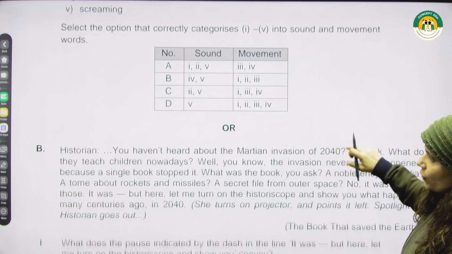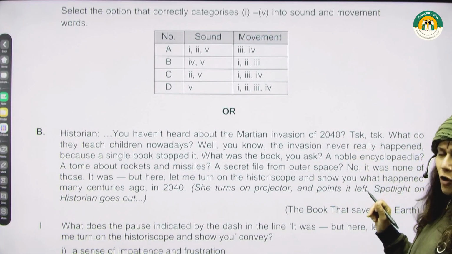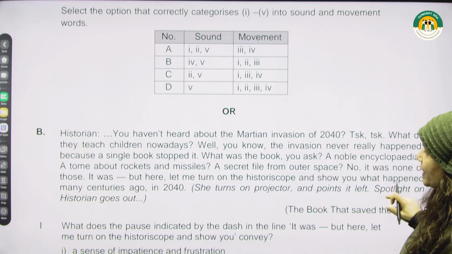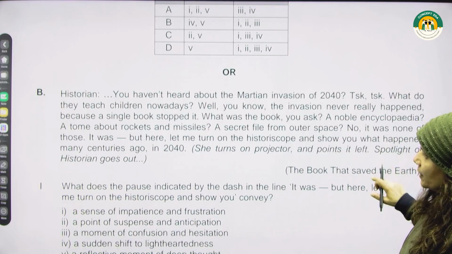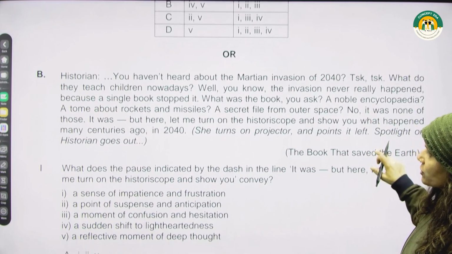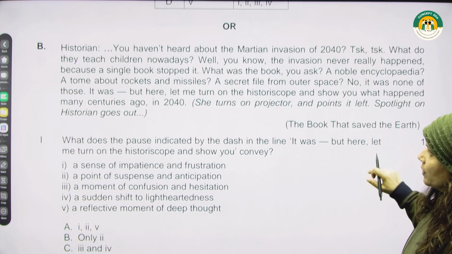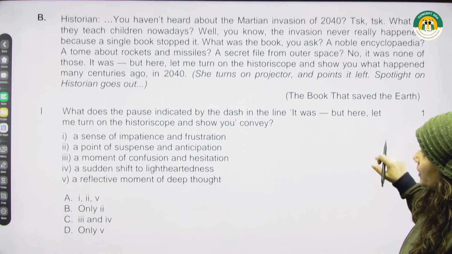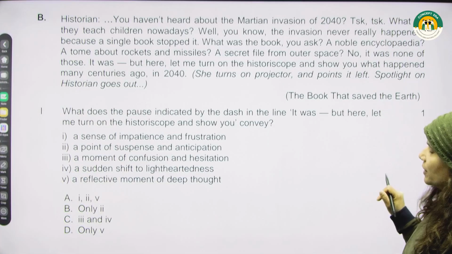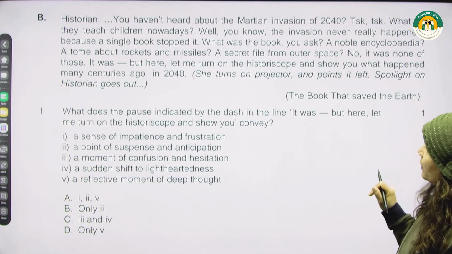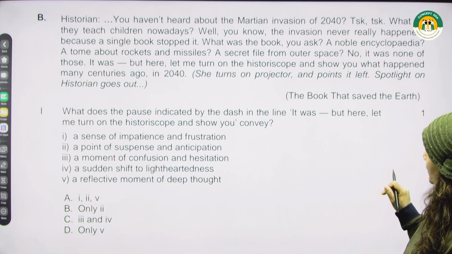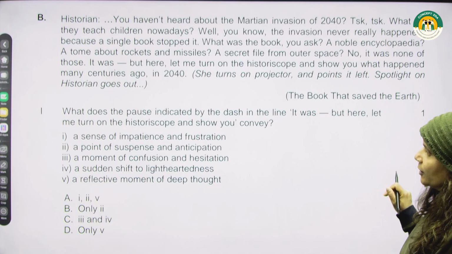Now here you can see the internal choice in the form of RTC, reference to context. See, this is again an extract which is given from your book First Flight, and this particular extract is given from one of the plays, The Book That Saved the Earth.